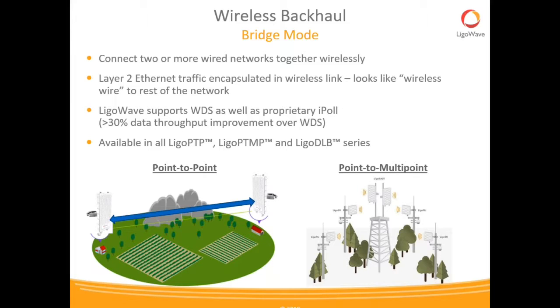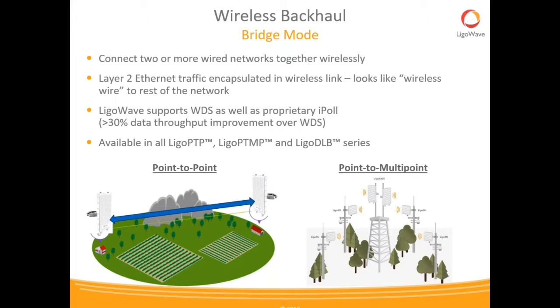The other side decrypts it, strips off the wireless headers, and what I'm left with is the original Ethernet packet that came out of the camera, which then gets passed on to the rest of the network. So from the perspective of both sides of those links, it looks like I have a wire connecting those two points, when in reality I have one or maybe even multiple radios actually interconnecting those two points.